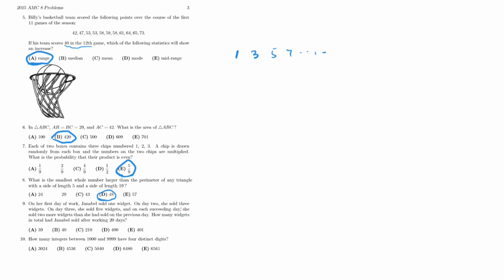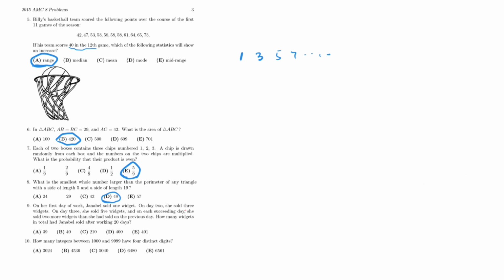What did she sell on the 20th day? This is an arithmetic sequence. The common difference is 2. What's A20, the 20th term? We use the general term formula: A1 plus (n minus 1) times the common difference.